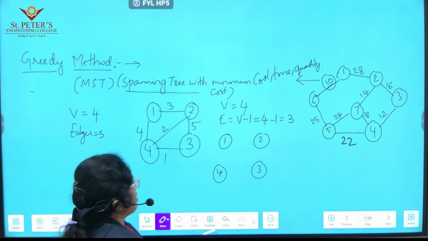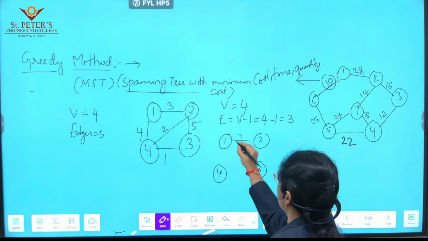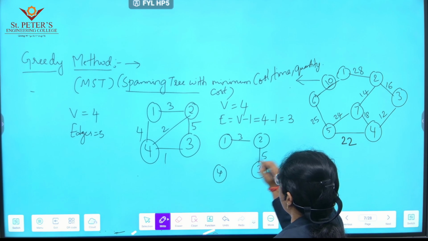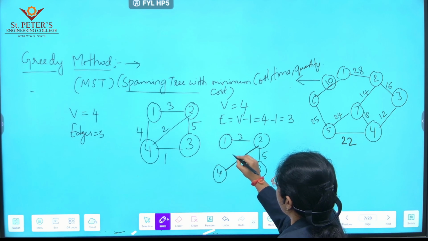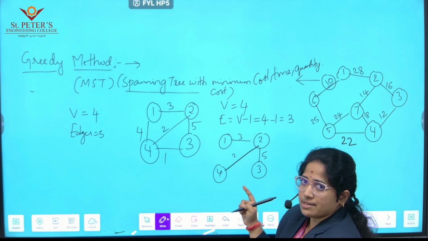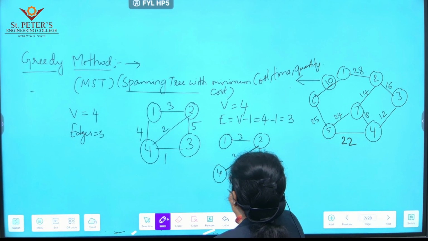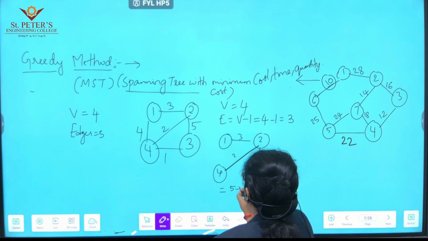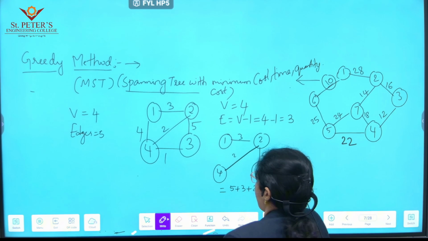What is the first possibility? I will draw one edge from 1 to 2, next 2 to 5, next 2 to 4. Condition satisfied: I took all the vertices, and the number of edges is 3. What is the cost here? 5 plus 3 plus 2, it is 10, right?